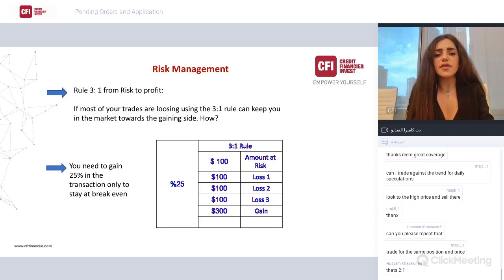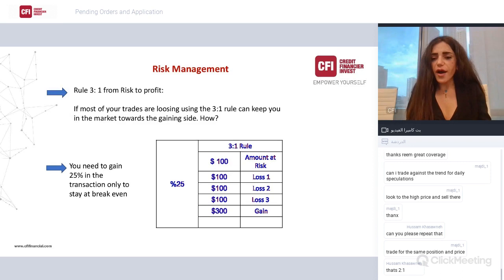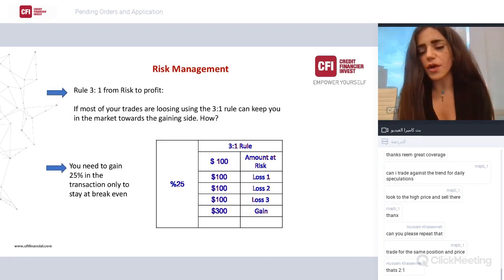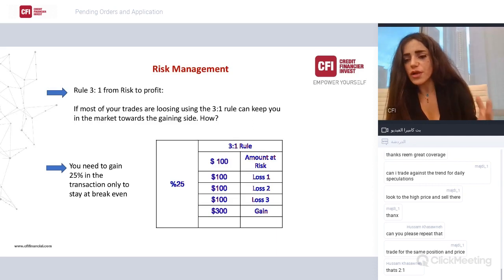Let's say I specified 100 points or $100 loss, okay? In my first trade, I lost $100. In my second trade, I lost $100. In my third trade, I lost $100. I go for a fourth trade, and I specify 300 points gain, 100 point loss. So usually a 25% rule works this way.